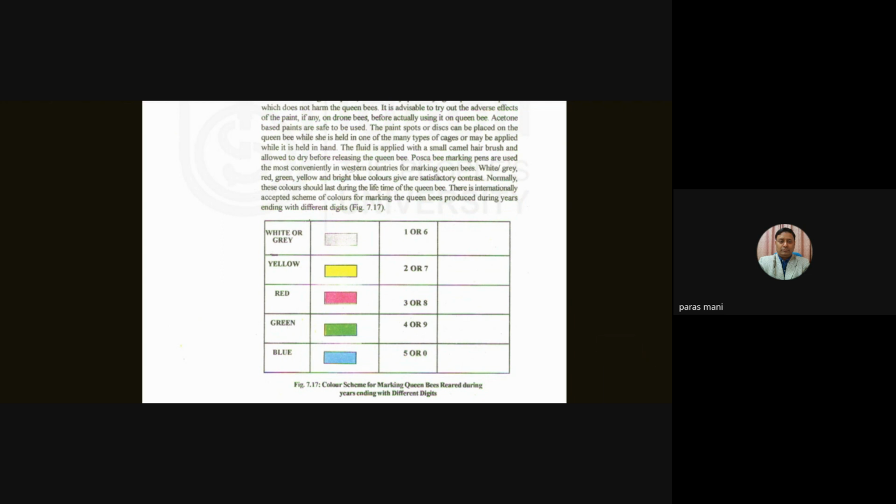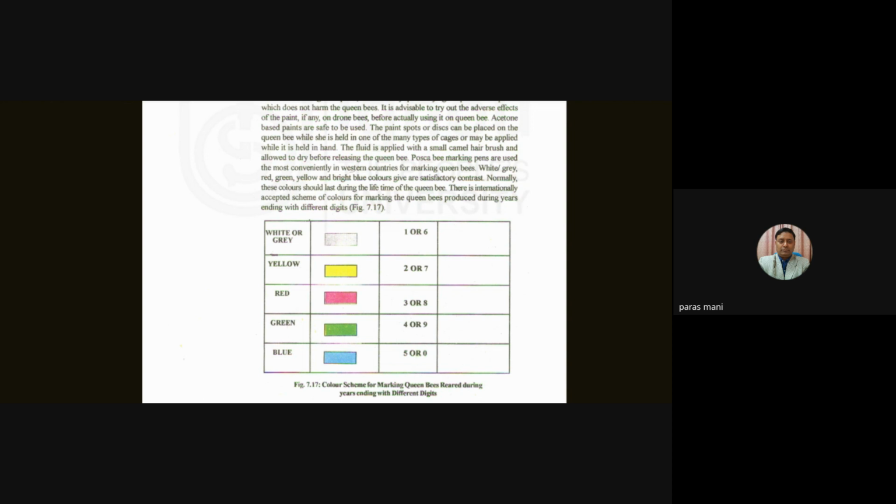For years ending with 1 and 6, white will be used. Years ending with 2 and 7, yellow will be used. If you introduce it in 2023, we will paint the top of the thorax with red color. If it is next year, we will mark it with green color, and so on.